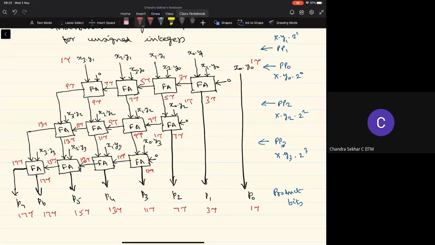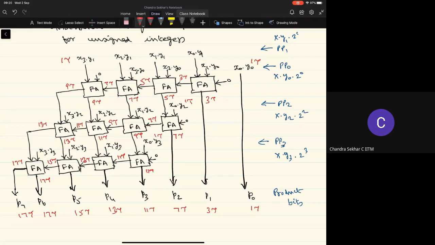Okay, so we see that all the product bits will be available at 17 tau. This is for multiplication of two 4-bit unsigned numbers.